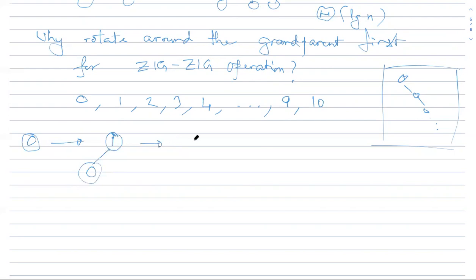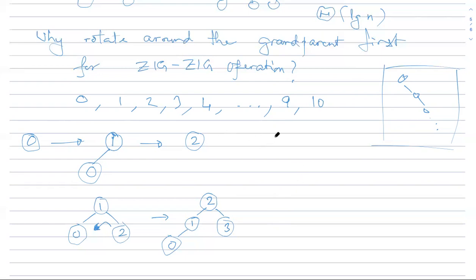Then you insert 2. So again, we want to keep whatever is inserted at the root. So if you want to see the step, it will be 1, 0. The 2 got inserted here and it got rotated. And therefore it became 2, 1, 0. And then at this stage, when 3 comes, 3 will come here. And then it will get rotated again.